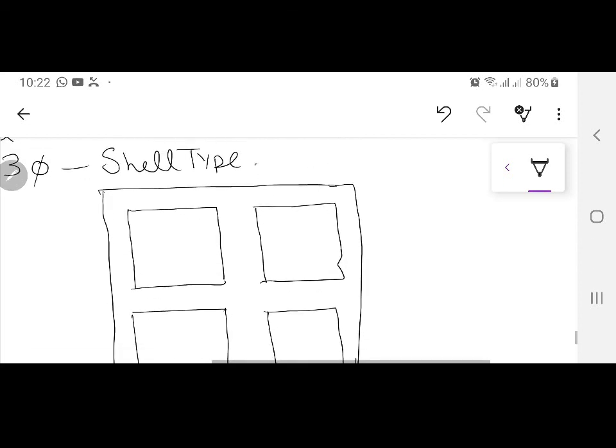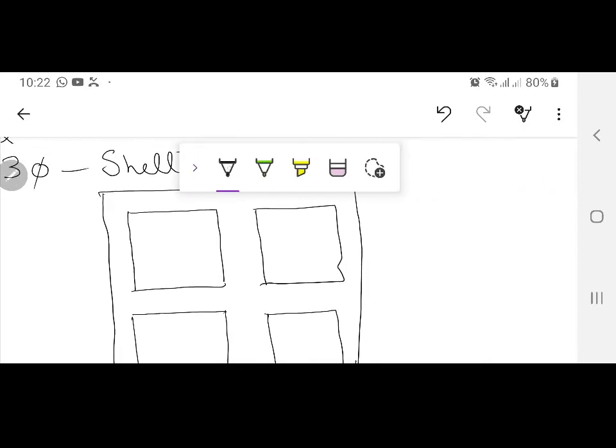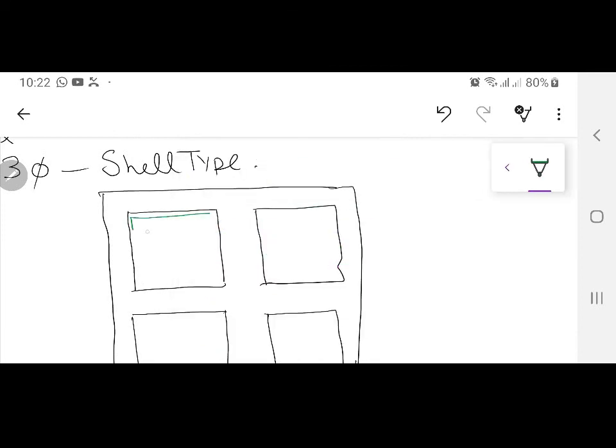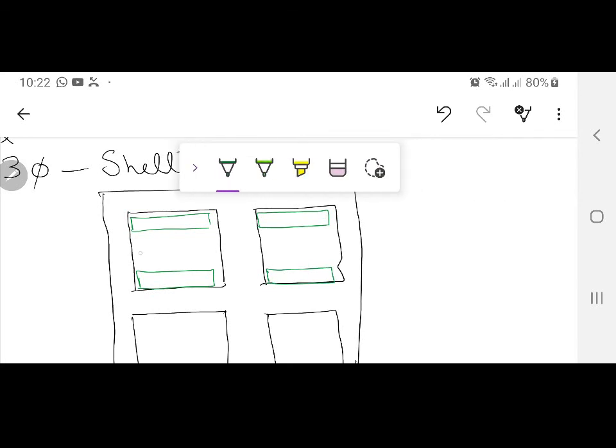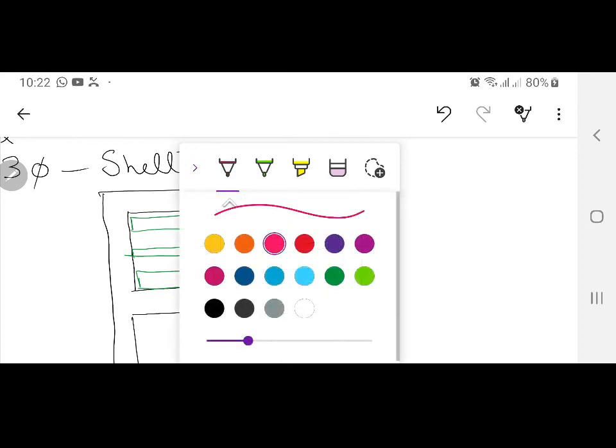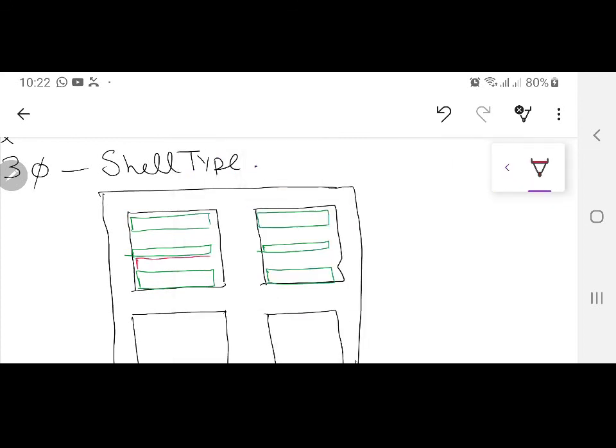So this is a 3-phase shell type, and here, just like the single phase core type, this is going to be the low voltage winding, here and here, and you can have the high voltage winding sandwiched in between, like this.